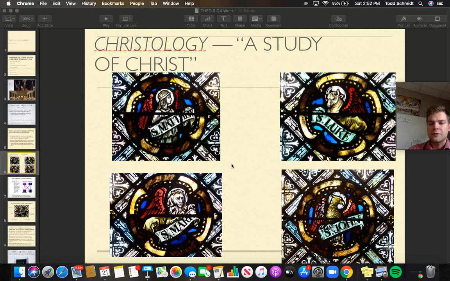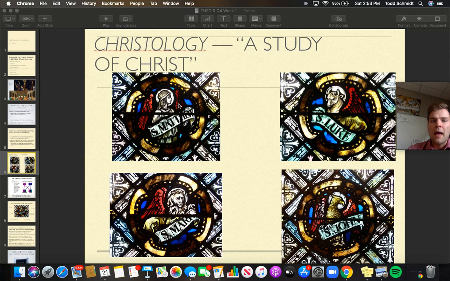These are inspired books from God, but God didn't exactly tell them what to write word for word. And so each author has a different perspective on the same Jesus. They each have a different style and unique way of portraying Christ that contributes to the whole gospel, the whole series of 4 books that we have.